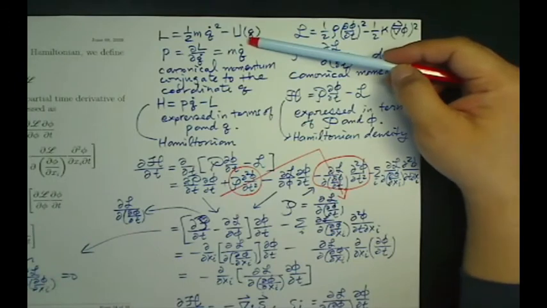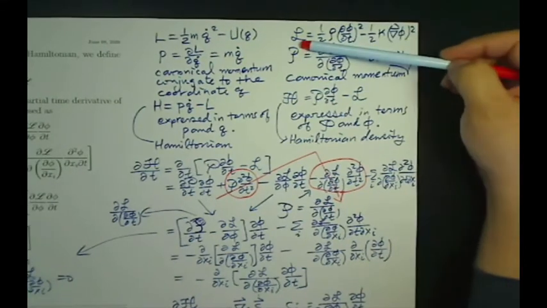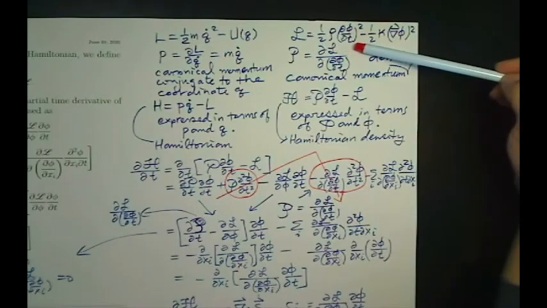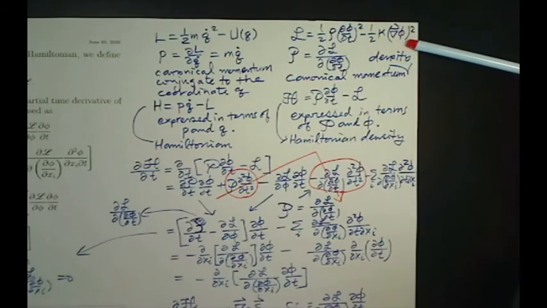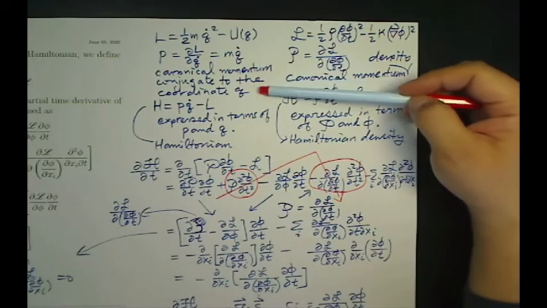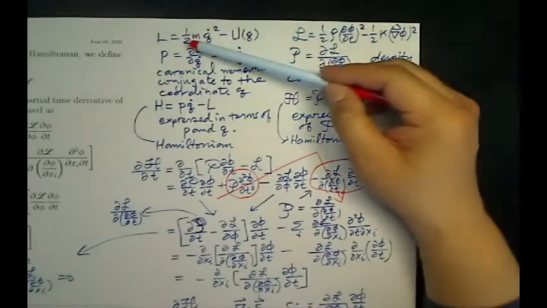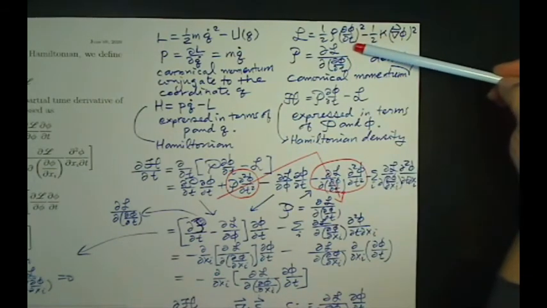We apply a similar method to find the Hamiltonian density function. The Lagrangian density function is given here, 1/2 rho multiplied by the time derivative of the field squared, minus 1/2 bulk modulus times the gradient squared. The canonical momentum can be obtained by taking the derivative of the Lagrangian density with respect to this q dot analog. The q dot analog is the time derivative of the field.